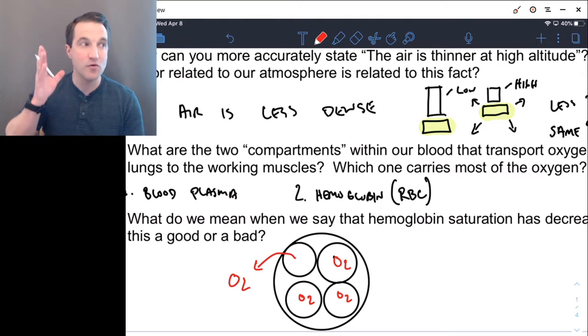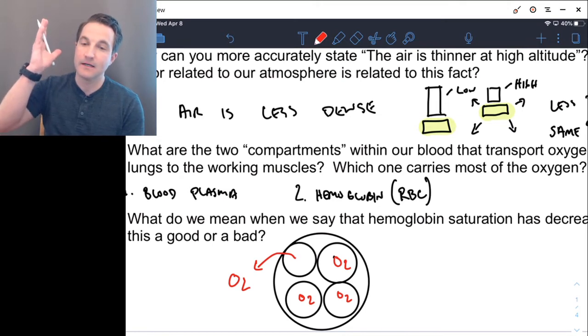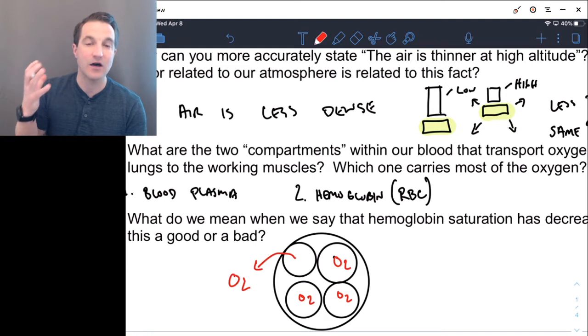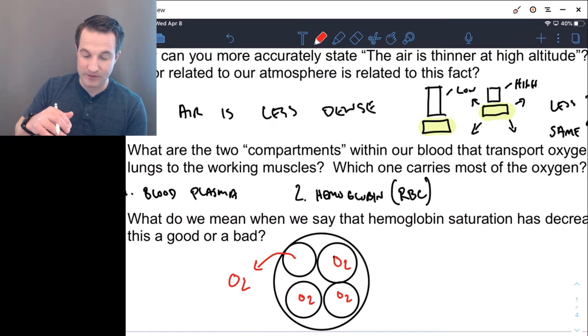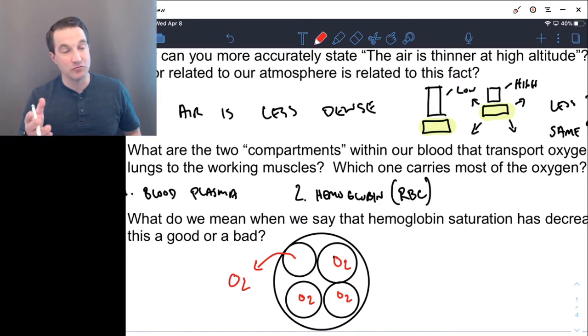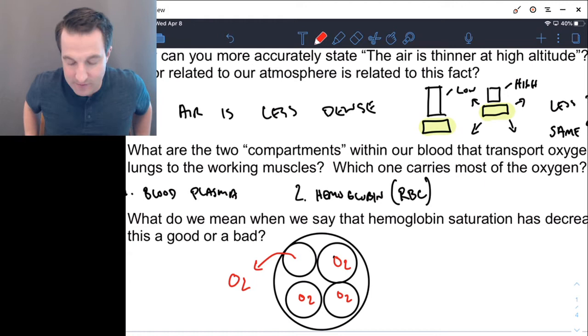Okay, so when we move from the alveoli or the aorta, leaving the heart where we have a lot of oxygen supply in that blood, to the exercising muscles, we're going to get a change in the saturation of oxygen on our red blood cells, on our hemoglobin subunits. Okay, it's going to go from about 98% saturated to about 70% if we're at low exercise intensity or at rest.